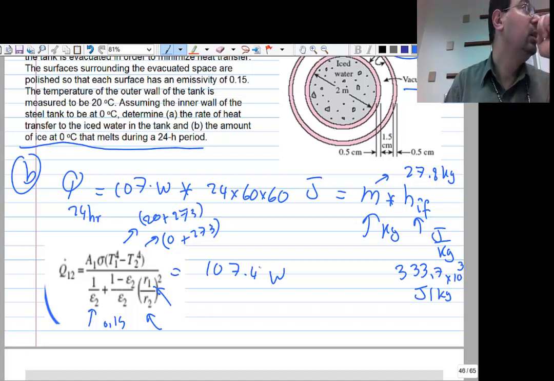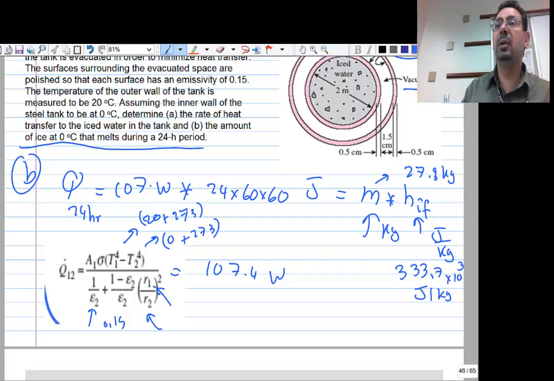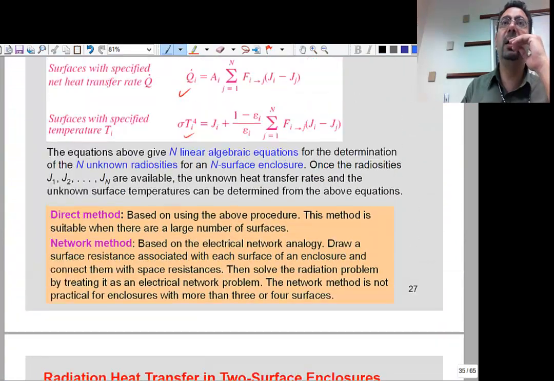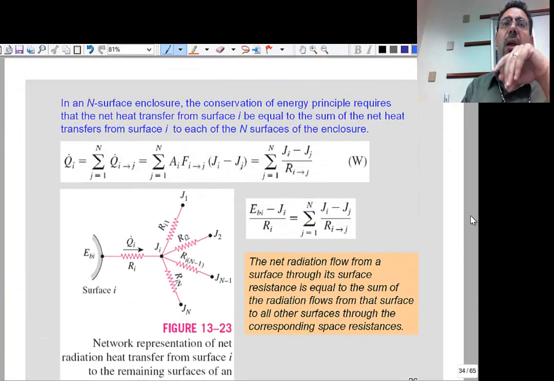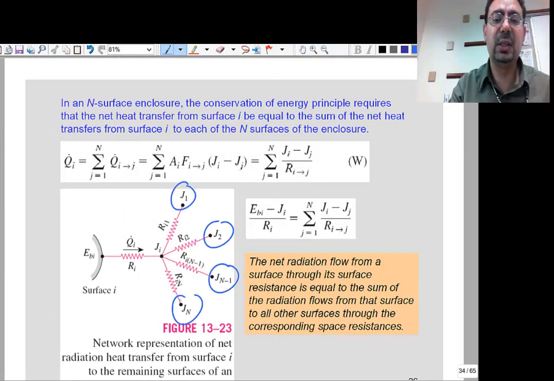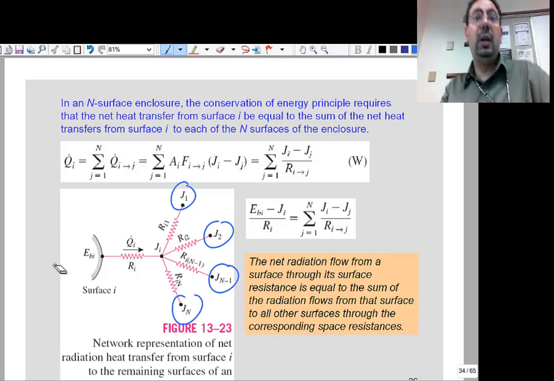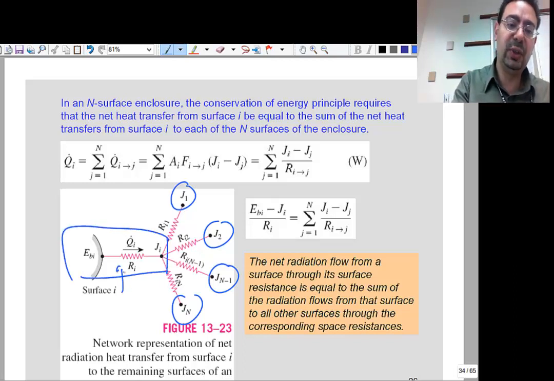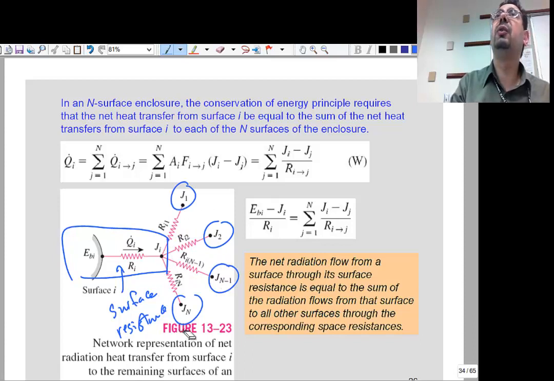Okay, so for all those standard surfaces, we basically just use the formula. Now if we are radiating to more than one surface, then our Q leaving our surface J, this is our surface with its own surface resistance, will end up being split to different surfaces.